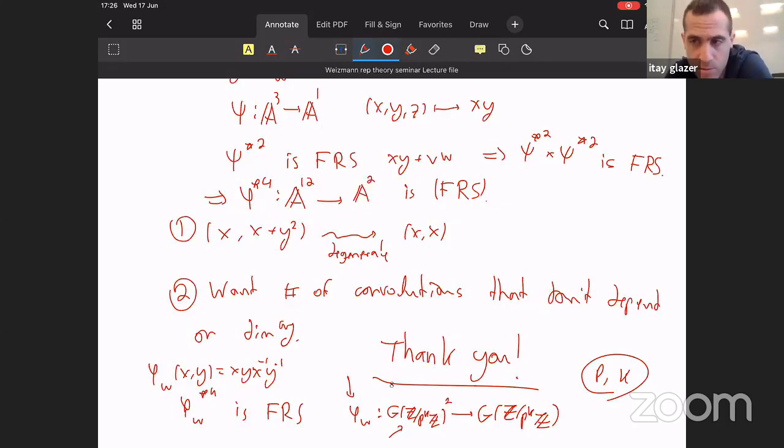I will just add that also the result that the word map becomes FRS after approximately the length of the word to some power, to the power of 6, we use it also to show that if you look at the probabilistic Waring type problem on the first congruence subgroups of compact p-adic groups, like SLN of Z_p, you can show that the push forward measure will have a continuous density.